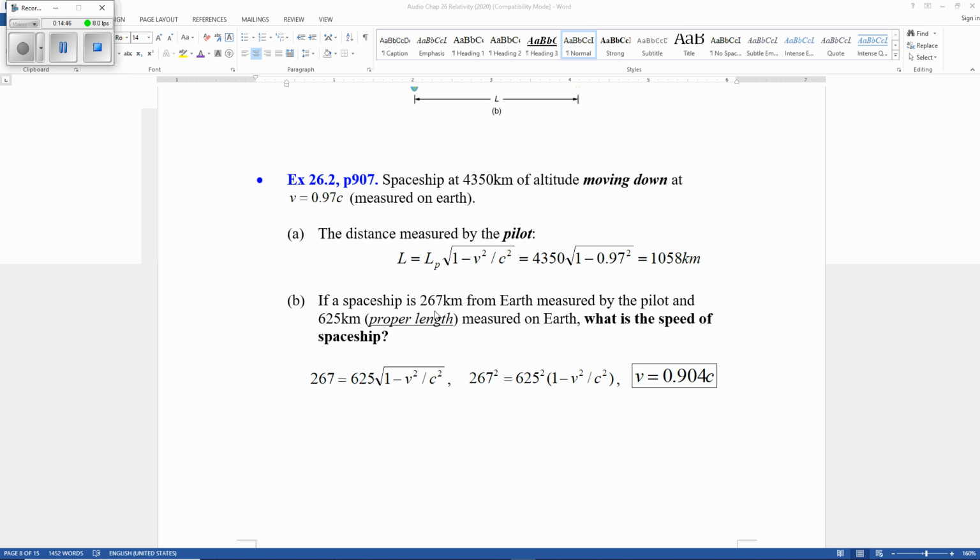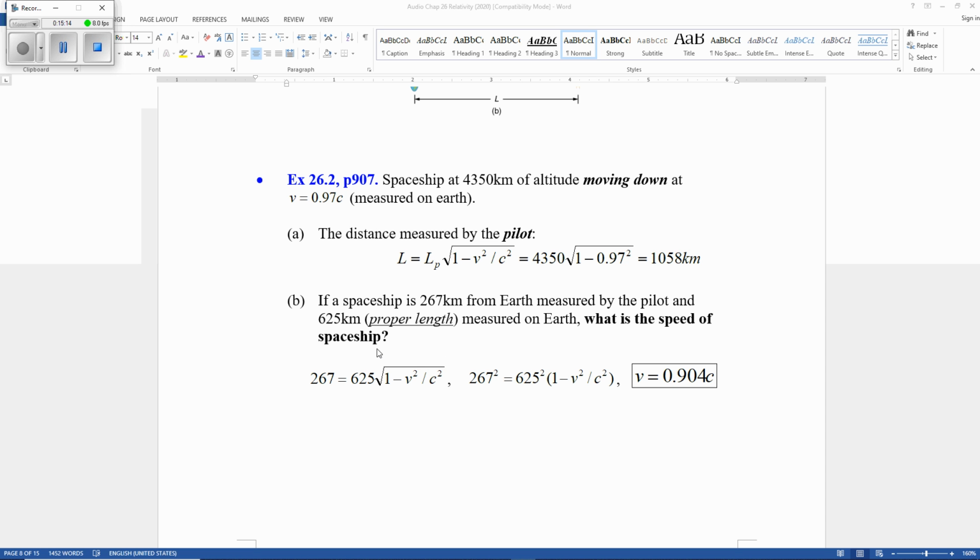The height from the Earth to the spaceship is 267 kilometer for the pilot, and measured on the Earth, we think it is 625 kilometer. Again, we have the proper length. So what is the speed of the spaceship?